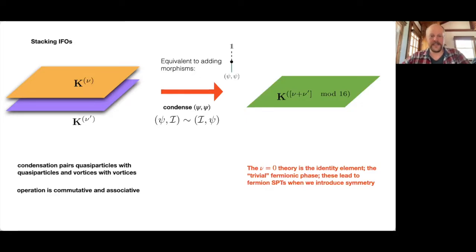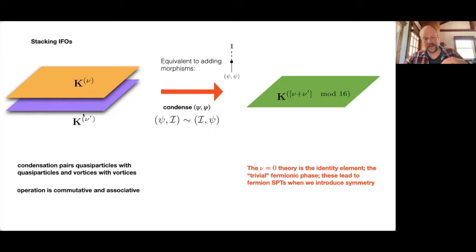All right. Now, the last thing I'll say on this slide is that the nu equals 0 theory plays a special role. So if we stack K0 with K0, we get K0 back. So K0 plays the role of the identity element in the set of fermionic phases.